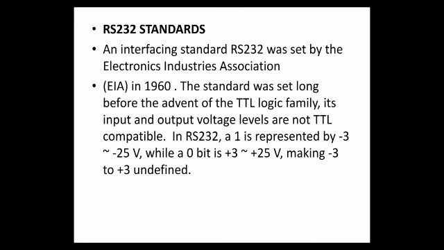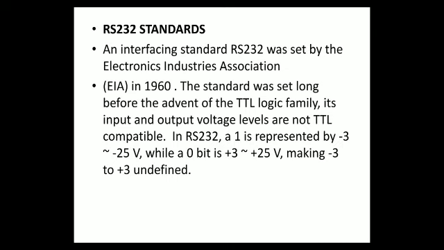It means the devices were not so stable to have voltage ranges with very minimal differences. There was a large tolerance available. -3 to -25 was considered as logic 1, whereas logic 0 was considered from +3 to +25.